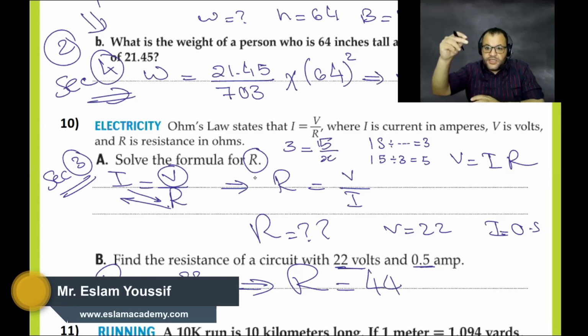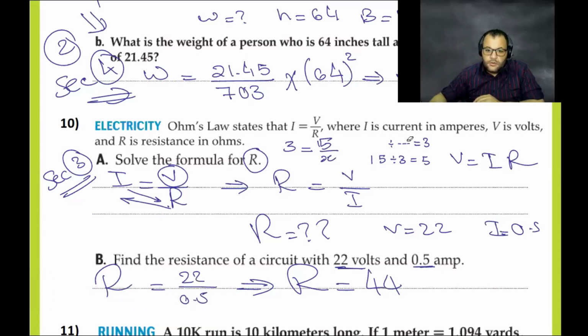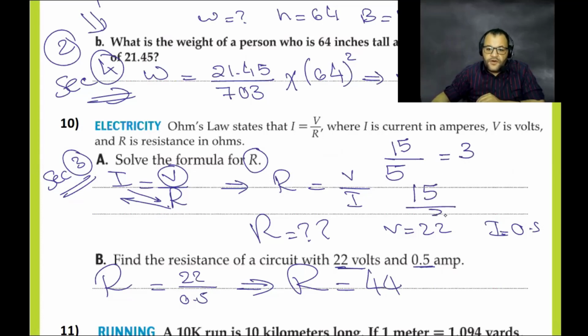You remember when I say 15 over 5 equals 3? Is this right? Yes. 15 over 3 equals 5.